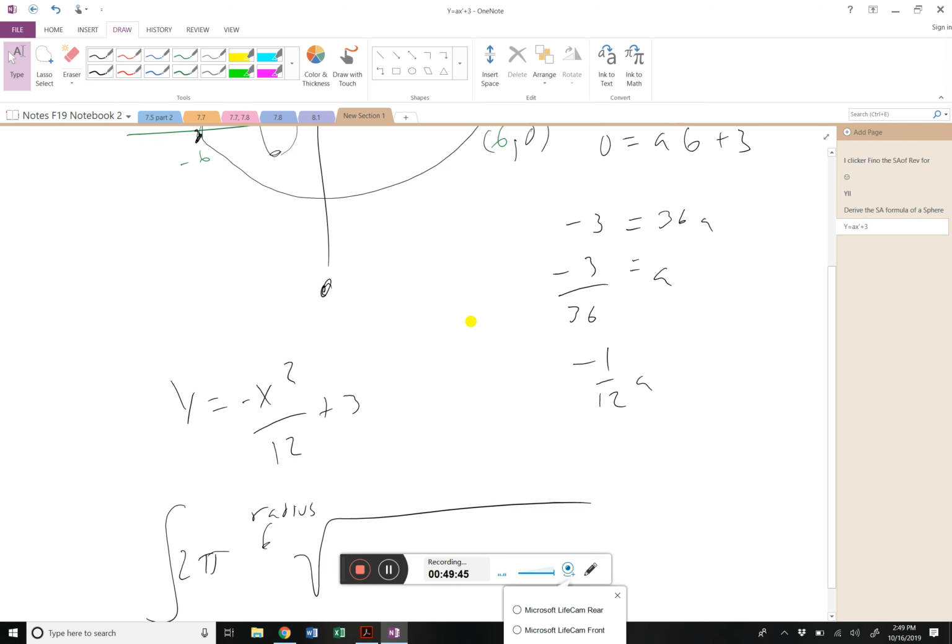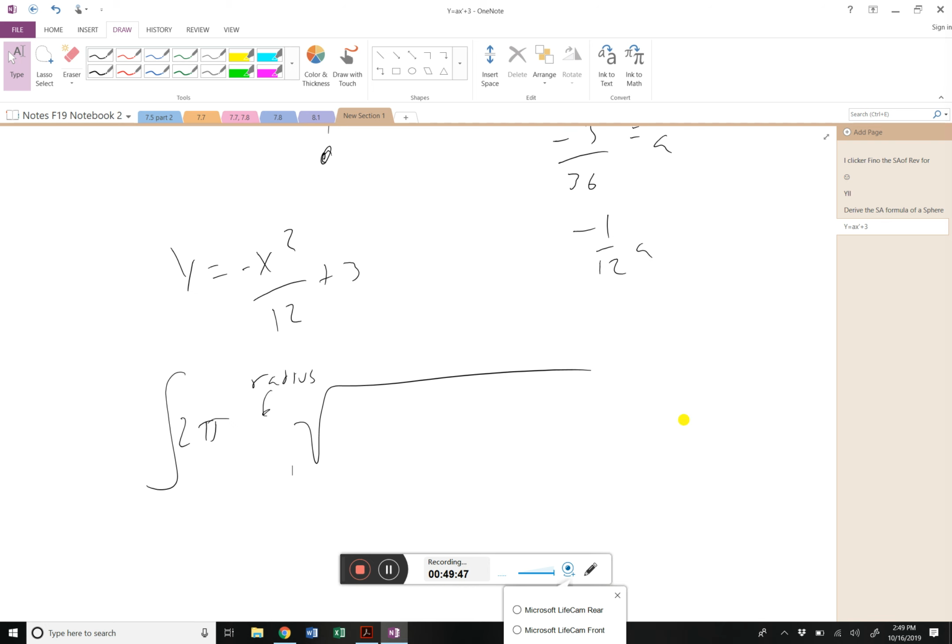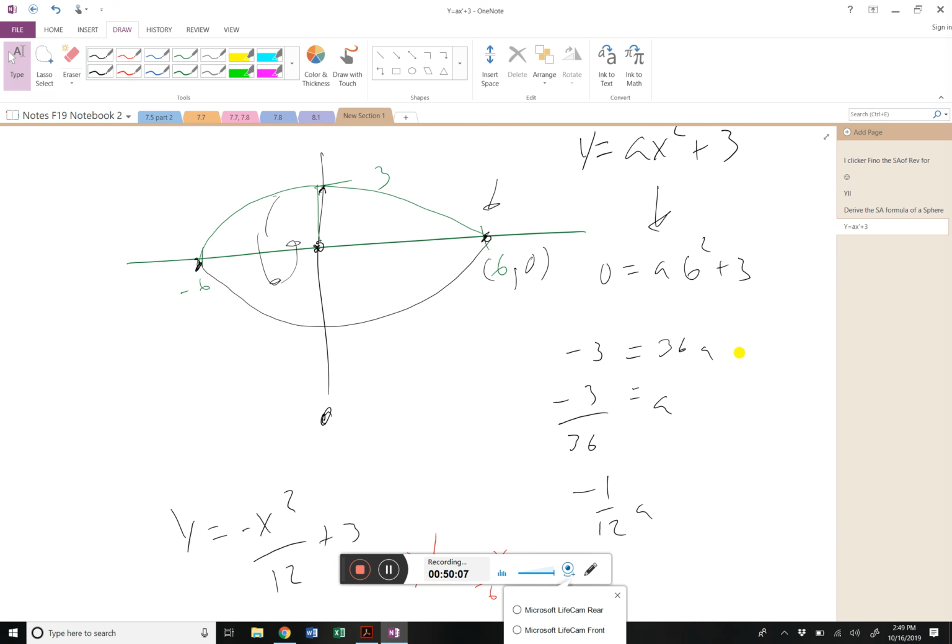Yep, we're rotating around the x-axis. Okay, so what would our radius be in this case?